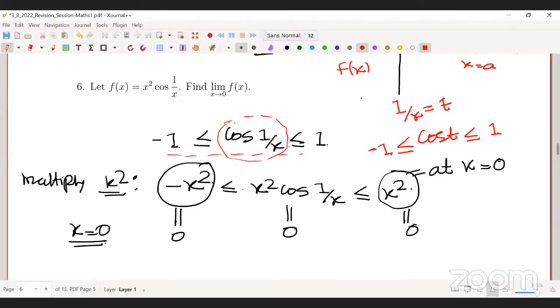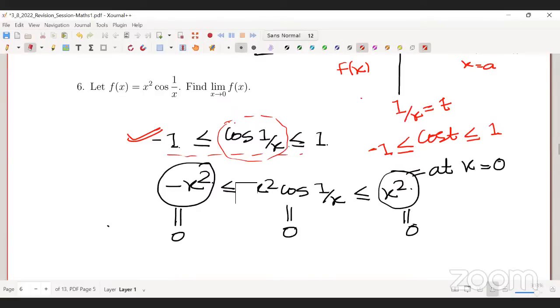Sir, how did you get minus x square and x square? This inequality is clear, right? The next thing is x square. It's positive, right? It's always positive, so if I multiply by it, it will not change the direction of the inequality. It always preserves the direction.